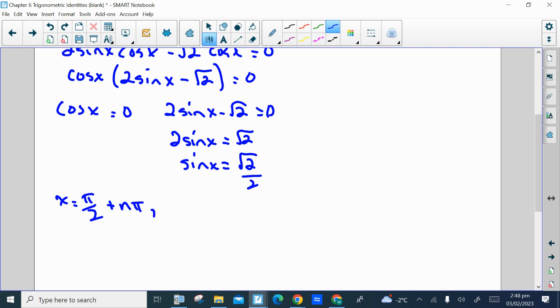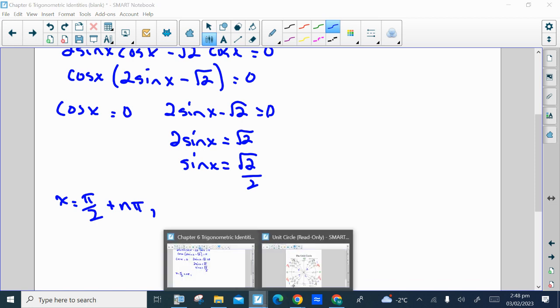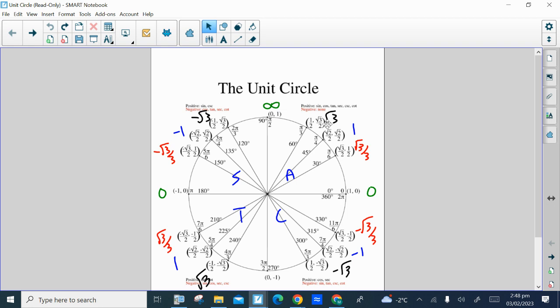And then our second set of answers come where the sine, which is the y value, equals positive root 2 over 2, which is here at pi on 4 and over here at 3 pi on 4. Now, these two angles are not the same distance apart whether you go counterclockwise or clockwise. It's much further around going clockwise than it is counterclockwise.